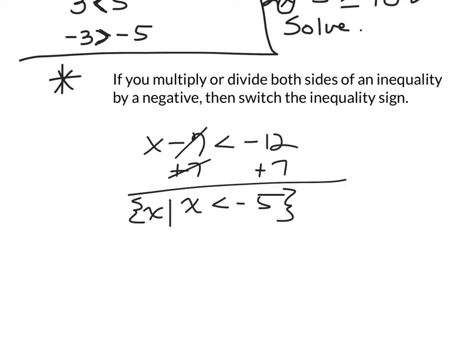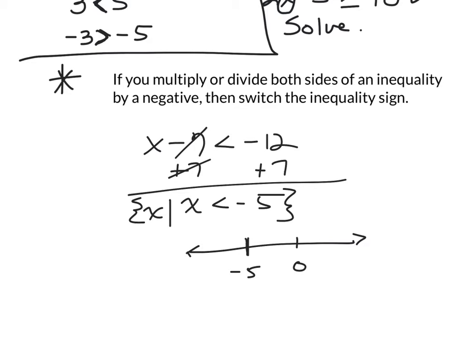Now, do you remember graphing these way back in the first section? That's another way you're going to have to express your answer. So we went to negative 5. You don't need to put in every little hash. Just put a 0 and then a negative 5. We're going to shade to the left because I want everything that's less than negative 5.